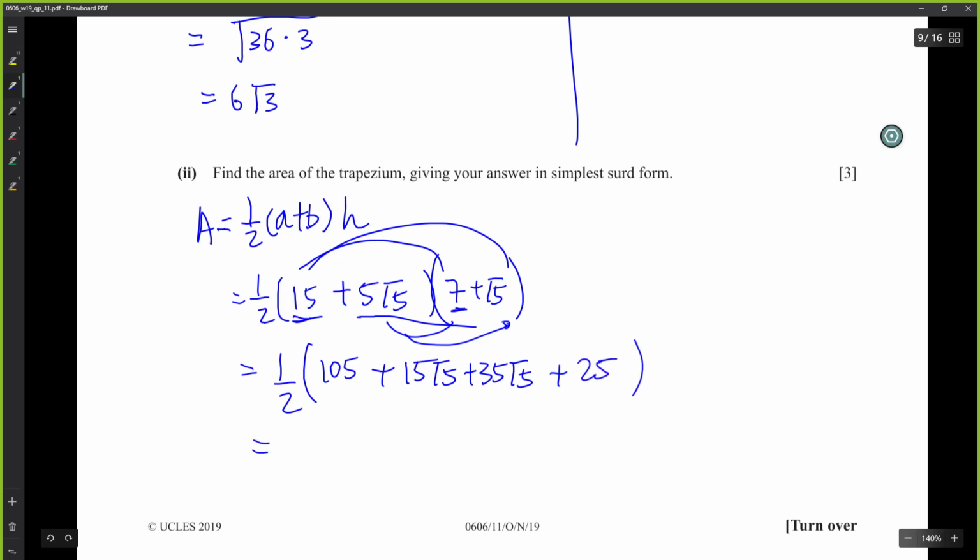Okay, so half, this one will give me 130. This one will give me 50 root 5. Luckily both are even numbers. So this one will be 65 plus 25 root 5. I guess this one should be the simplest form here.